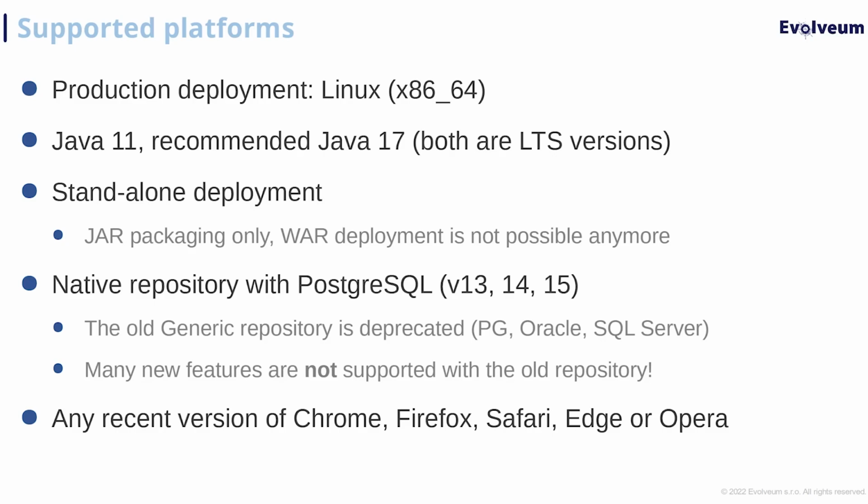Let's go to the repository. We recommend using the native repository with PostgreSQL versions 13, 14, and last month, there's a new version 15, which is also supported. The old generic repository is deprecated, but still supported for Postgres, Oracle, and SQL Server. But many new features are not supported with the old repository.